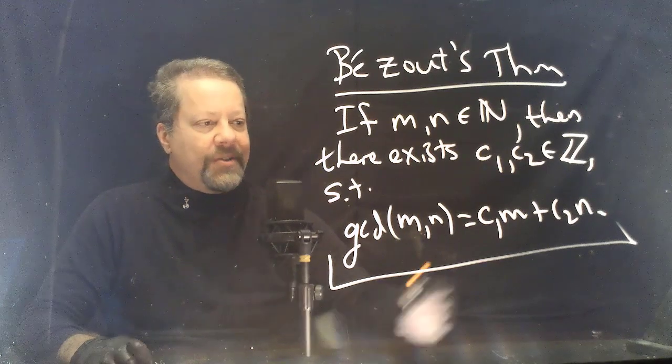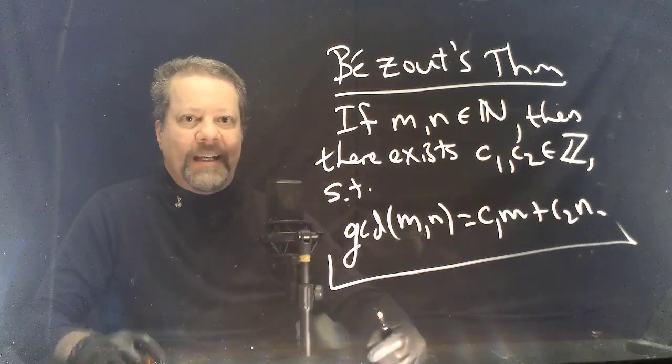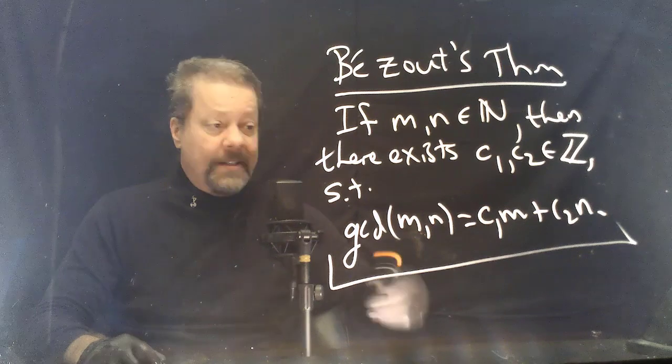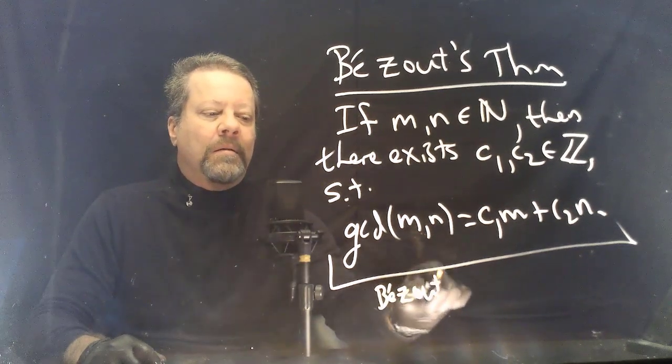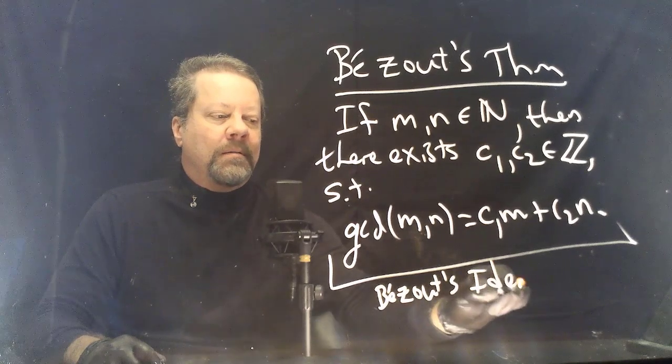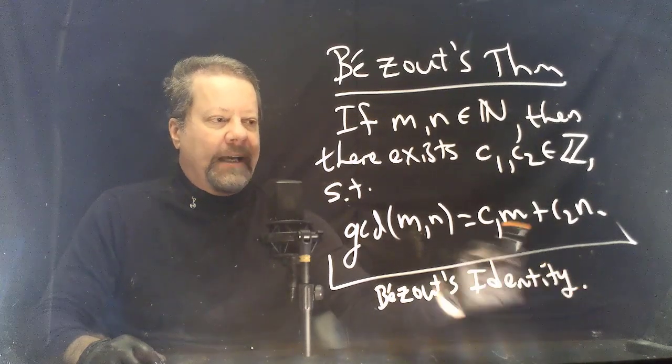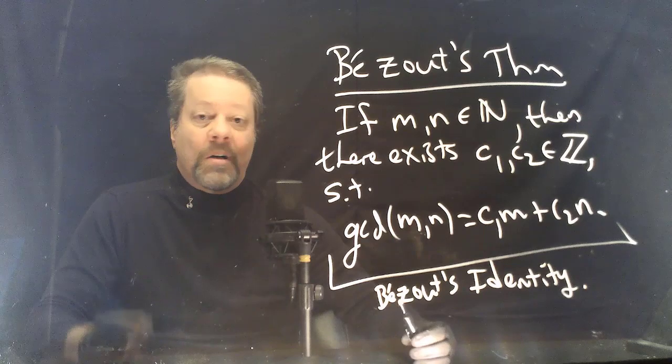You'll notice that typically one of these numbers is going to be negative and the other positive. This equation is called Bézout's identity, and the coefficients c1 and c2 are Bézout's coefficients.